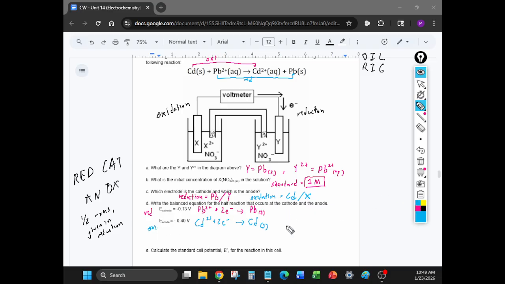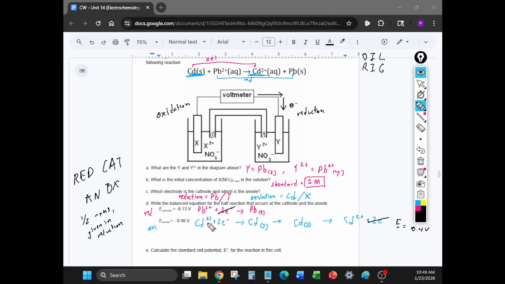That means that this half reaction right here, we're going to flip it to Cd solid becomes Cd2+ and 2e-, which is the form that we have right here. Cd solid on the reactant side, Cd2+ on the product side. And then if we do that, the electrical potential is going to flip signs, so from negative to positive, 0.4 volts. Okay, the electrons will cancel out, and then we can combine it.